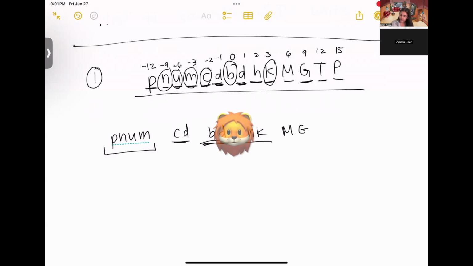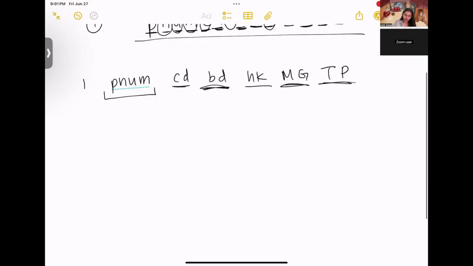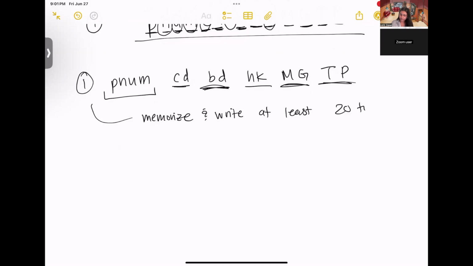Then MG, I think of MGM Grand. And then TP is toilet paper. So first things first, memorize this and use whatever acronym you need to know this exact order, and write it at least 20 times.